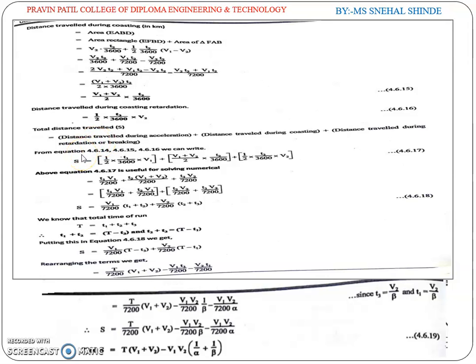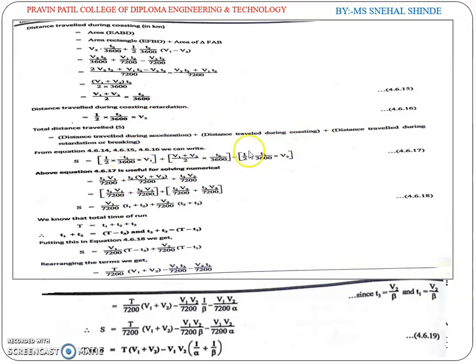So from equation 3 we can write S equals, putting the values of the equations, half into T1 by 3600 into V1, plus V1 plus V2 divided by 2 into T2 by 3600, plus half into T3 divided by 3600 into V2.